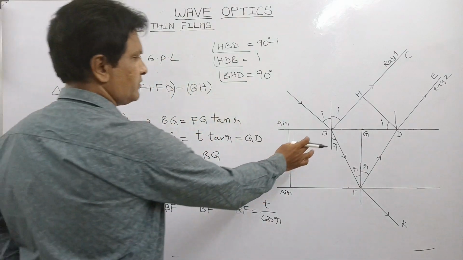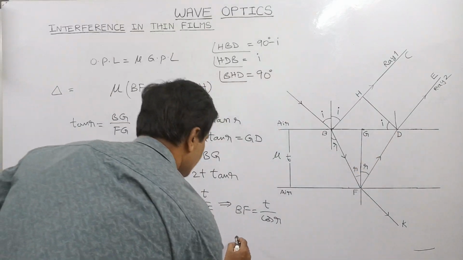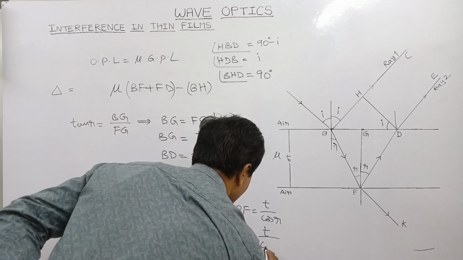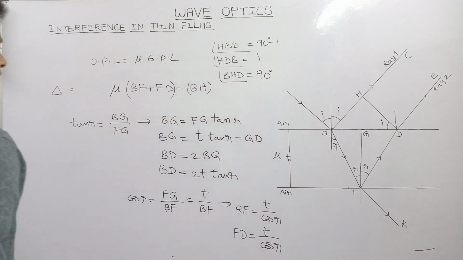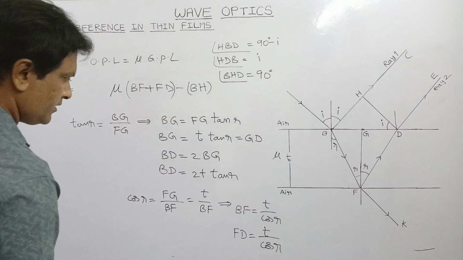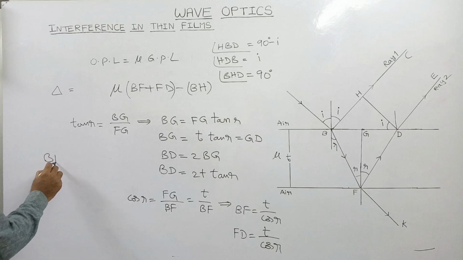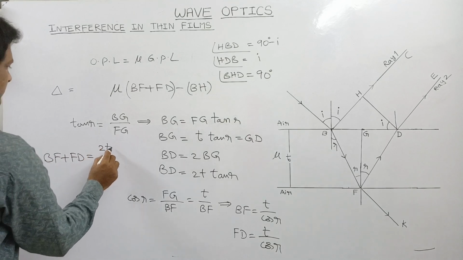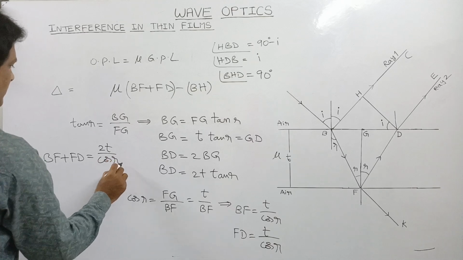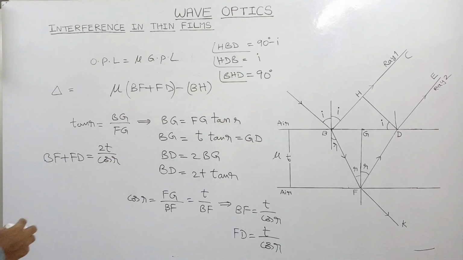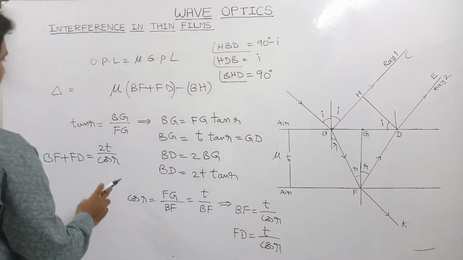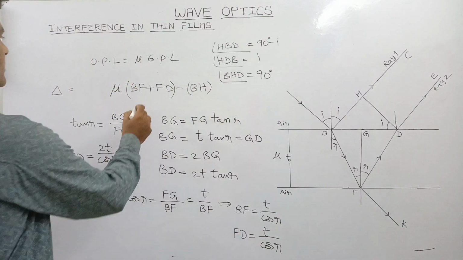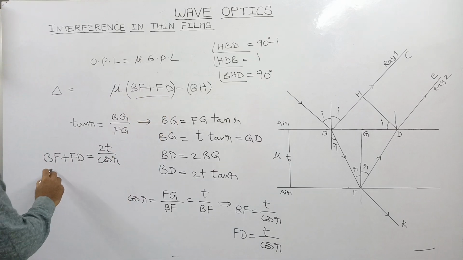This BF is equal to FD, so FD is also t by cos r. Both are the same, so BF plus FD is equal to 2t by cos r. I am adding this term and this term, and I got BF plus FD as 2t by cos r.